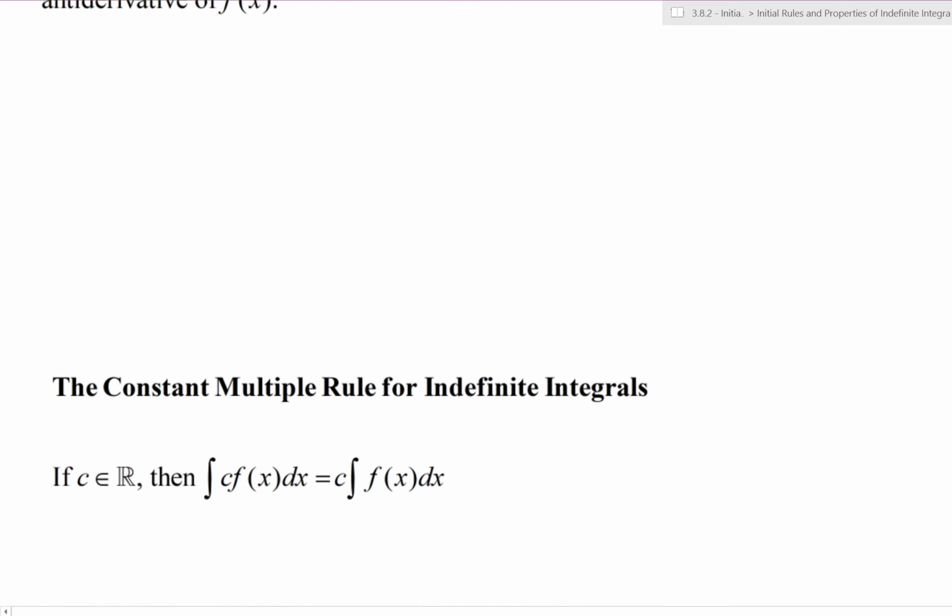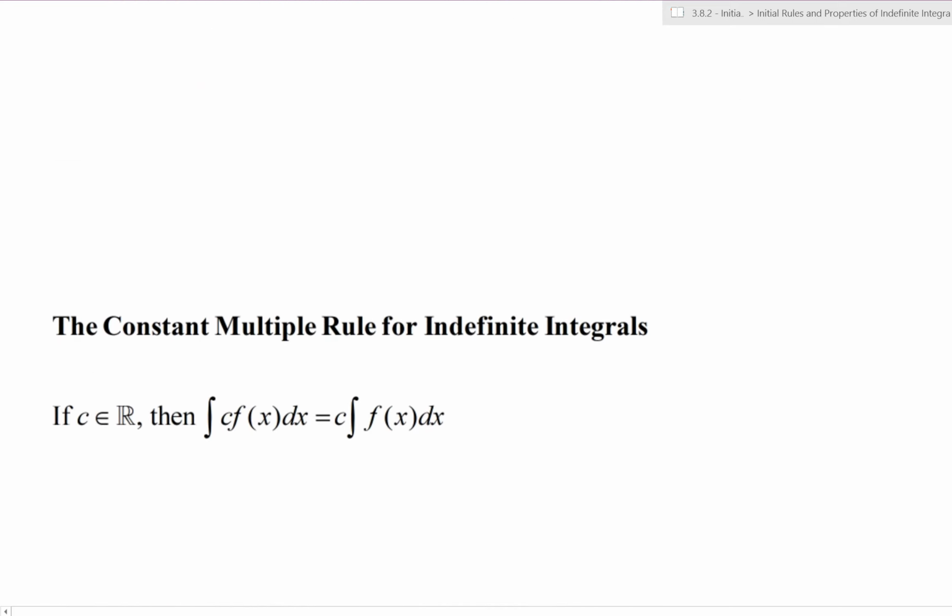So, a couple of rules or properties, if you will, to get us going. The first one, constant multiple rule for indefinite integrals. Assuming you have a real constant c, then if I want to integrate a constant times the function f of x with respect to x, that is the same as the constant c times the indefinite integral of f of x dx.